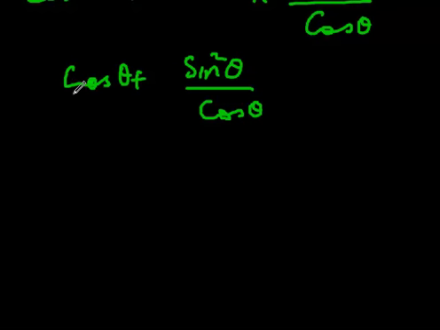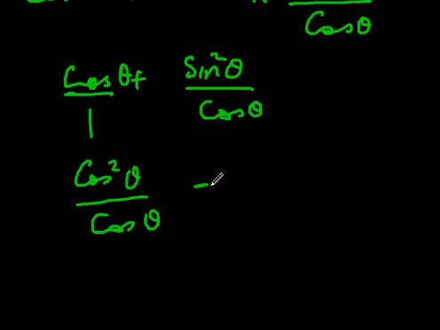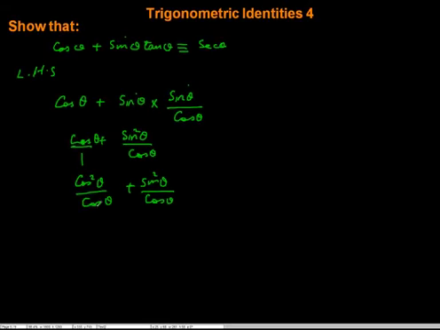To make denominators equal, I got to times that fraction, top and bottom, by cos of theta. So that makes it cos squared theta over cos theta plus sine squared theta over cos of theta. Because denominators are same, let's write it down as a single fraction: cos squared theta plus sine squared theta over cos of theta.